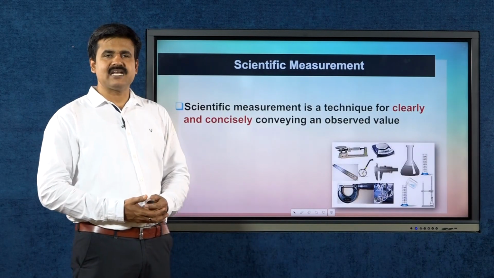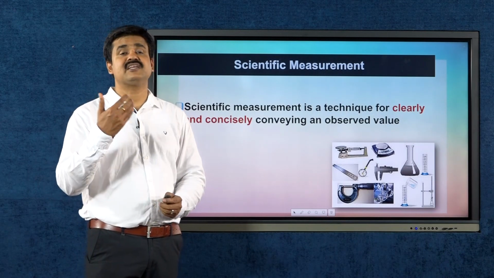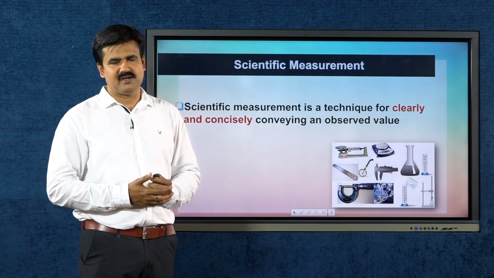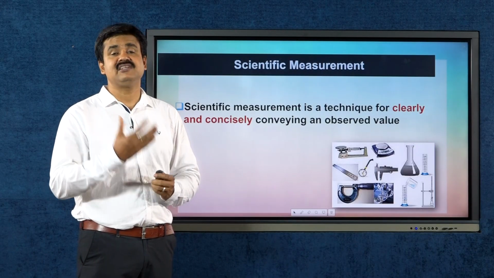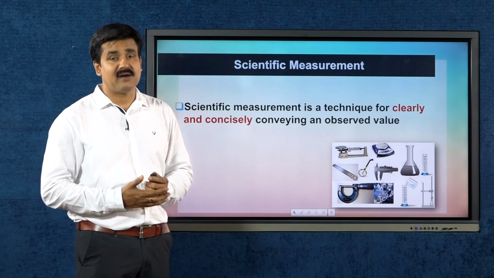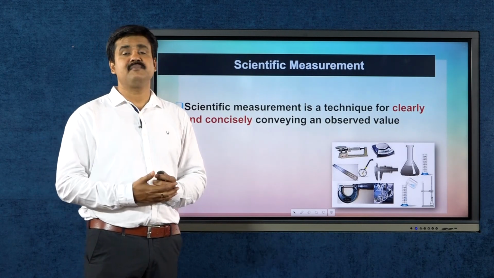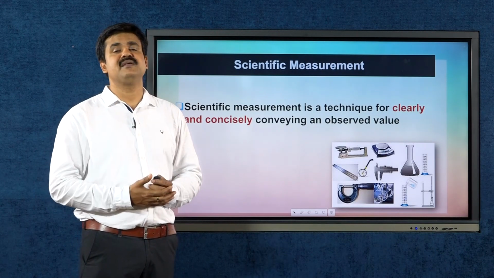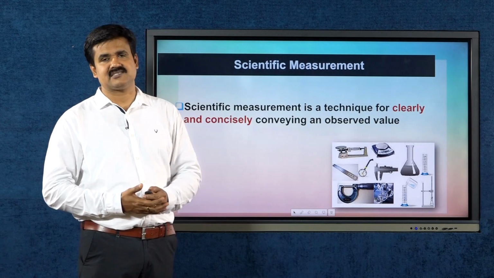Now, the second part is scientific measurement. A scientific measurement is a technique for clearly and concisely conveying an observed value. For example, we are measuring the weight of a body. The weight can be measured with the help of an analytical balance. The volume can be measured with the help of a measuring jar. The thickness can be measured with the help of a screw gauge.